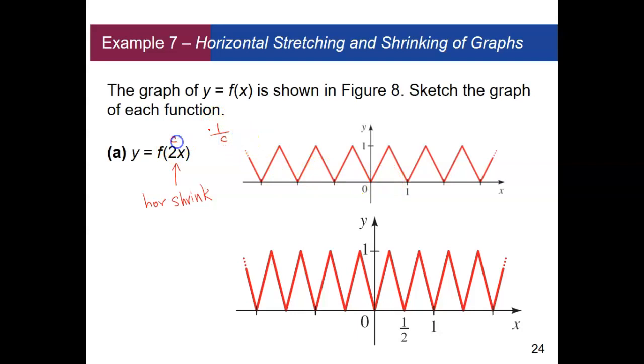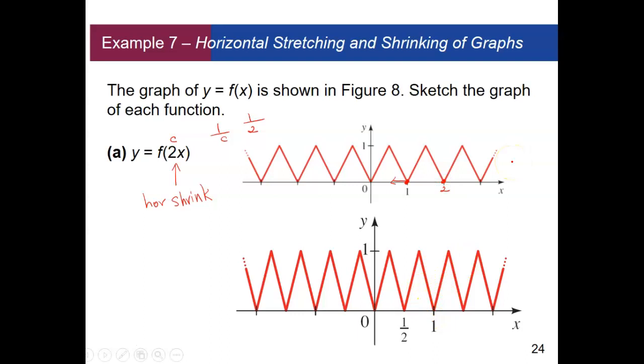So this is the c, so the factor is going to be 1/2. So what was originally at 1 is going to now be at 1/2. This is kind of enlarged a little bit, but you can see that this slides in to be here at 1/2. So every point is going to be multiplied by 1/2, so to speak. So this one would have been at 2, now it's at 1.